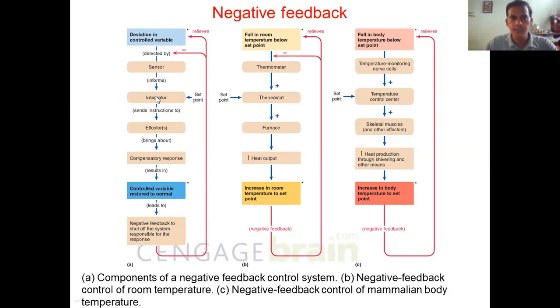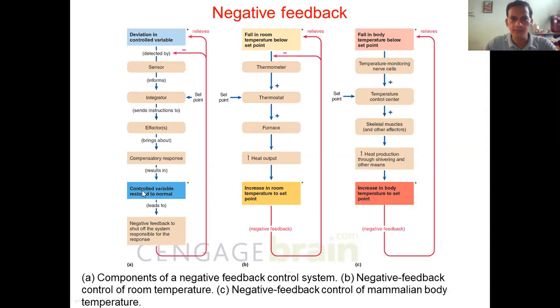Now this integrator senses that there is some deviation, some up or down in the set parameters. Accordingly, it will send instruction to the effector system. That effector will bring about the compensatory response. Now that compensatory response results in the controlled variable, so the variable which was deviated will now be controlled back to normal.